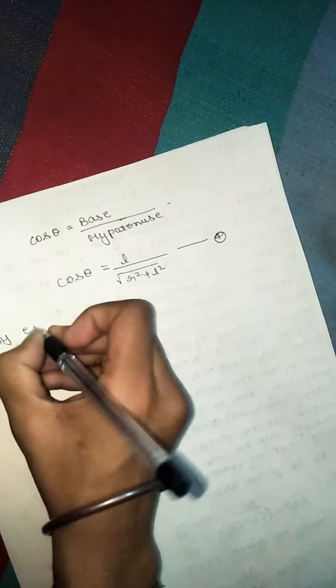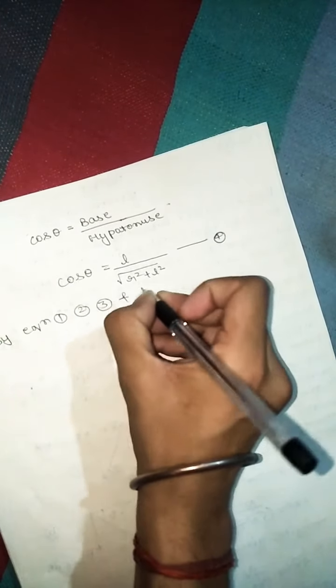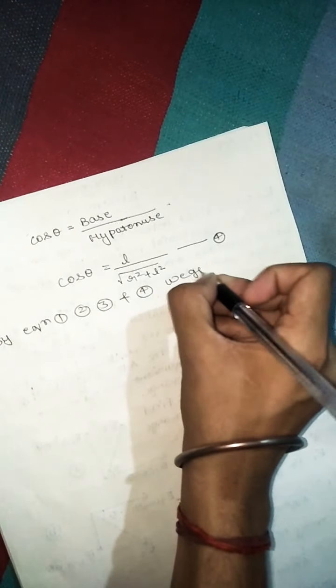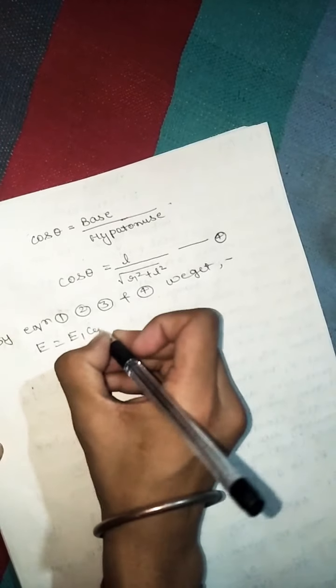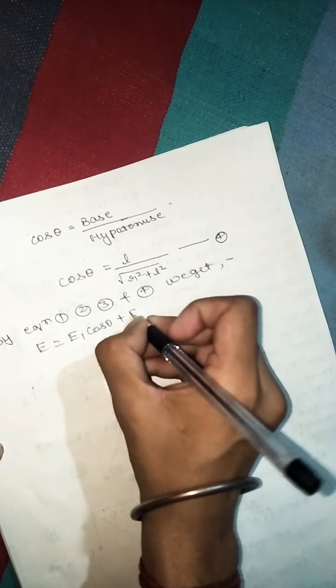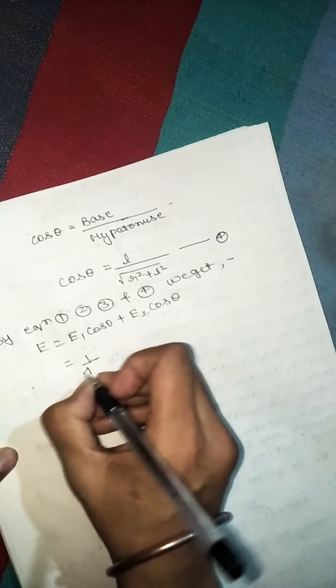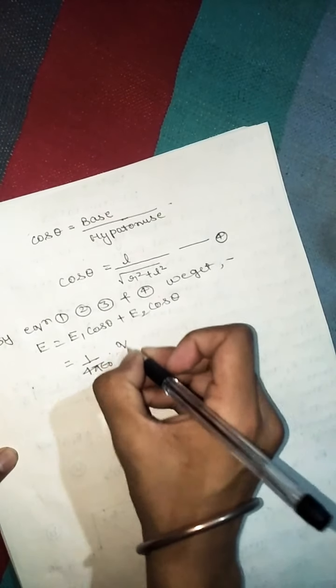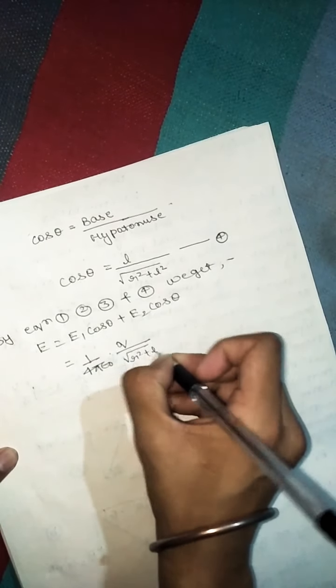By equation 1, 2, 3 and 4, we get that E is equal to E1 cos theta plus E2 cos theta. So we are putting the values, that is 1 upon 4 pi epsilon naught q upon under root r square plus l square whole square, and what is the value of cos theta, that is l upon under root r square plus l square.